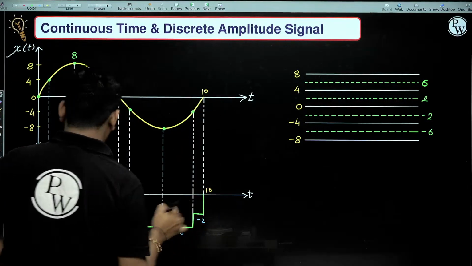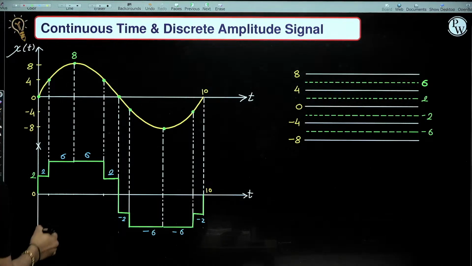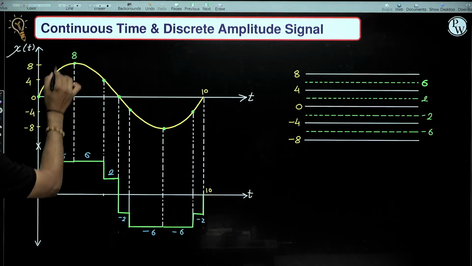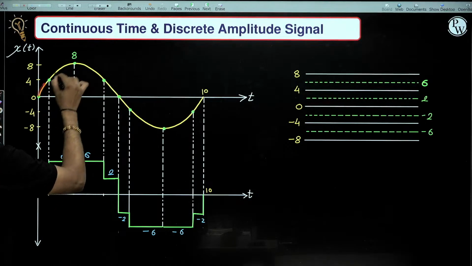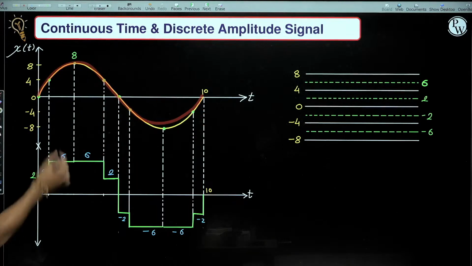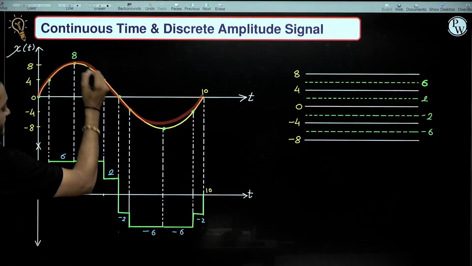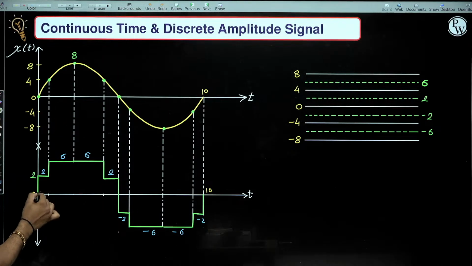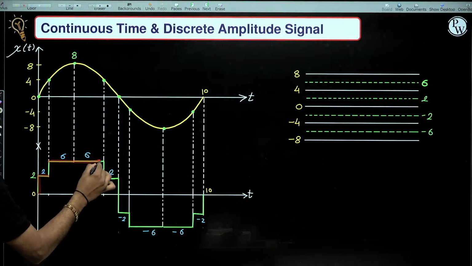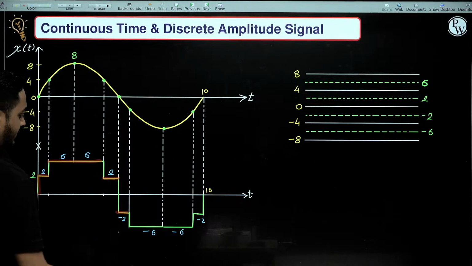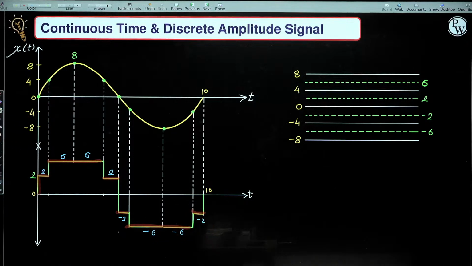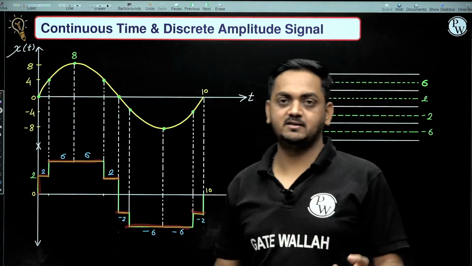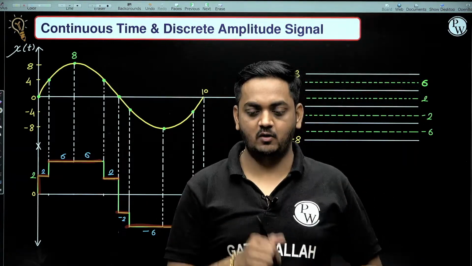From 0 to 10, infinite number of amplitudes are possible in the original signal. But in this case, as you move from 0 to 10, the amplitude can only be 2, 6, minus 2 or minus 6. Out of 4 possibilities, there is only one amplitude. Yes or no?